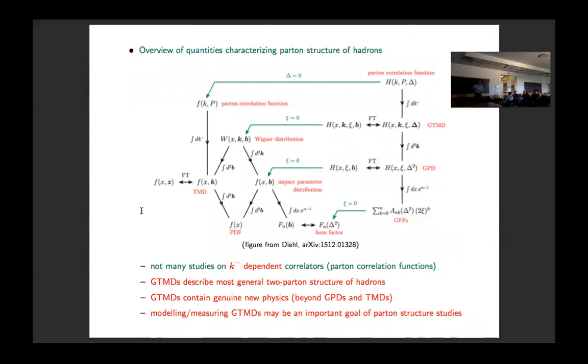And he includes even another higher level here, what is called parton correlation functions. These are functions that not only depend on the longitudinal parton momentum, so the large light-cone momentum, and the transverse, but also on the small light-cone momentum, the K minus. There's not many studies available in the literature on these objects, and it's probably relatively safe to predict that in the near future, not too much will happen here at this level.